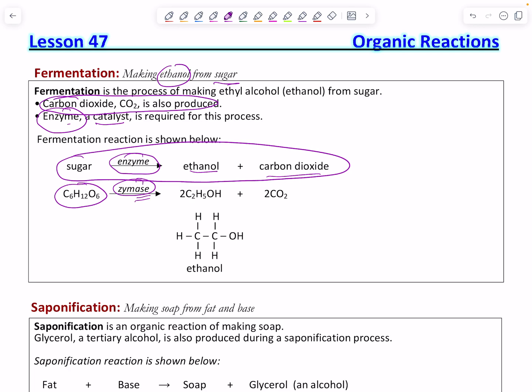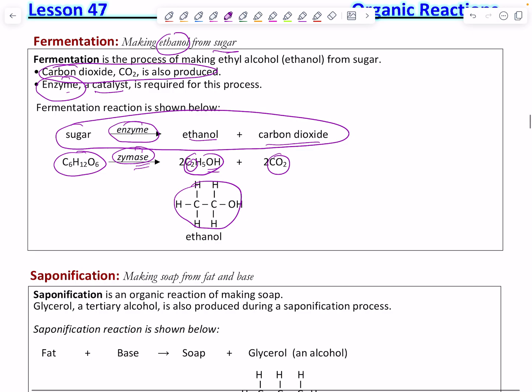Anything that ends in ASE is an enzyme, if you don't remember that from biology. And then if I look at my product, I can see there's an alcohol, and I can see carbon dioxide. It's ethanol, C2H5OH. If I draw it out, it looks like this. So that's the basic pattern: you have a sugar, and when it's in the presence of an enzyme, it will start to break down and make that ethanol and give off carbon dioxide gas.